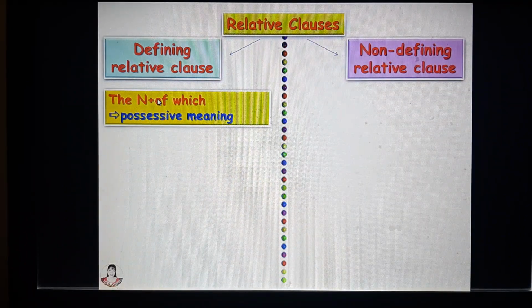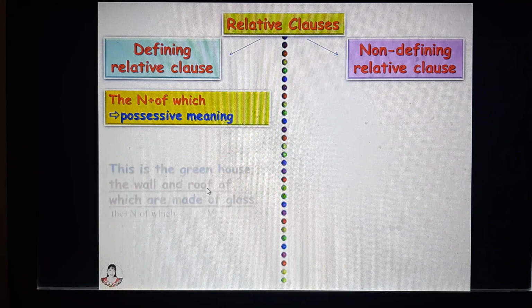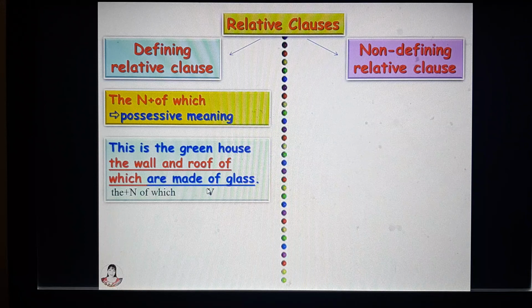The noun of which, for possessive meaning. Now see the example. This is the greenhouse, the walls and roof of which are made of glass. You see the house. Can the house move?